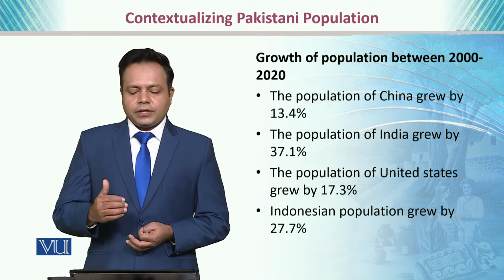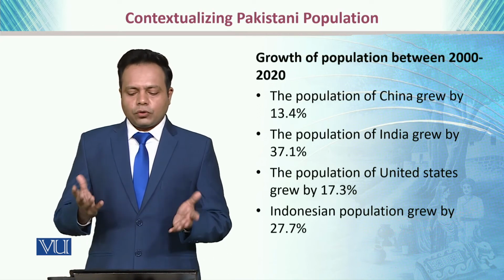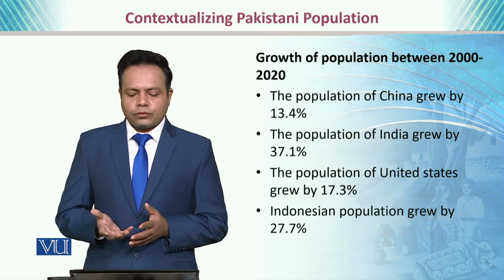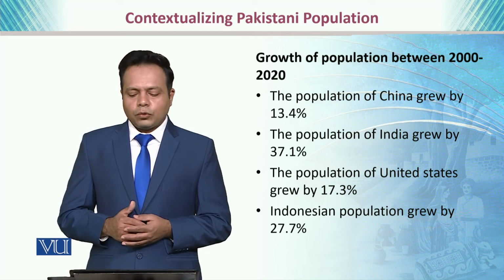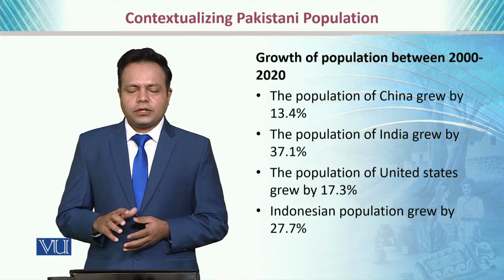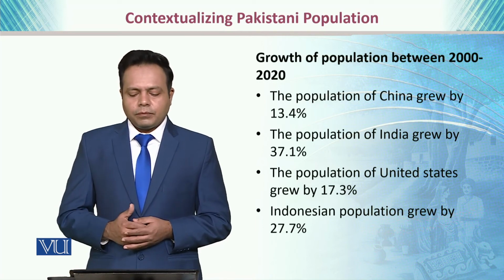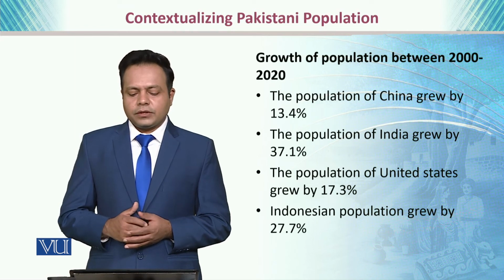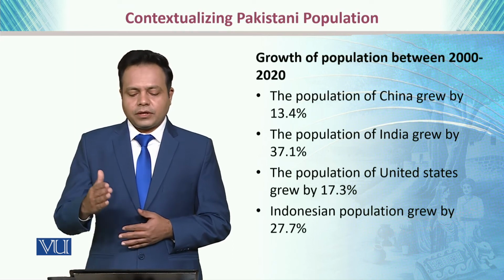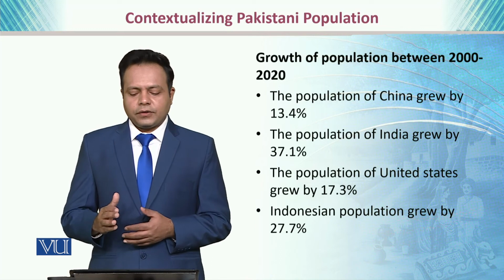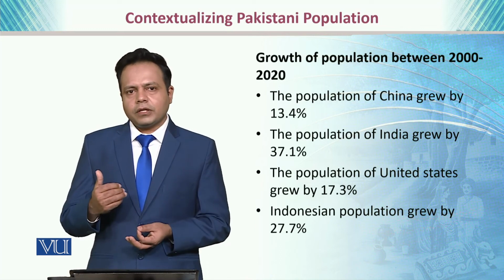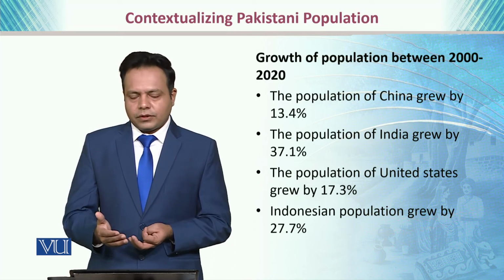So, if we see the historical trend of population growth between 2000 and 2020, you will see that the population of China grew by 13.4%, whereas India's population grew by 37%. So there is a huge disparity, and it is more likely that India will soon surpass China.